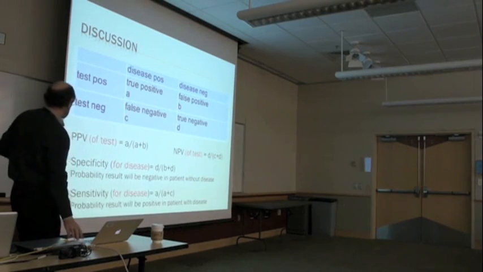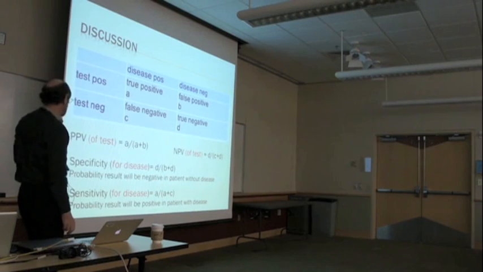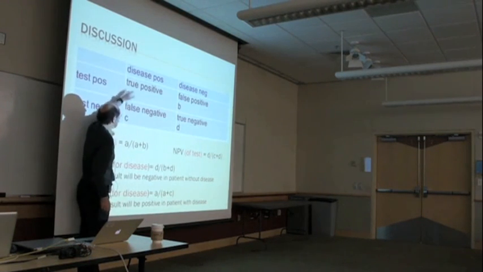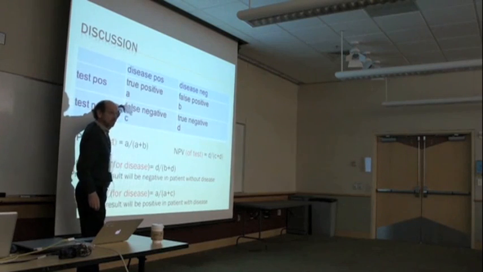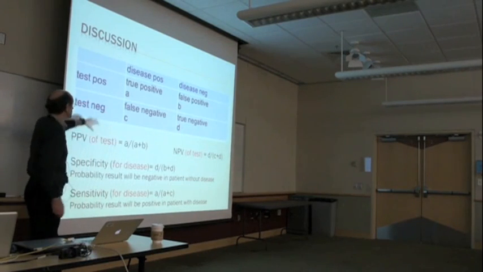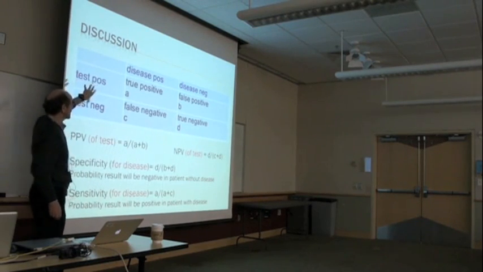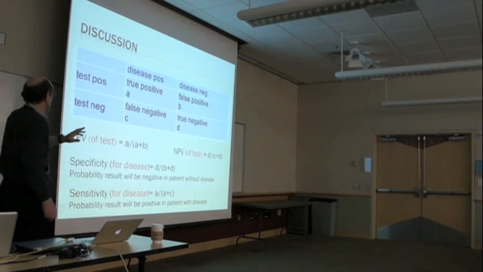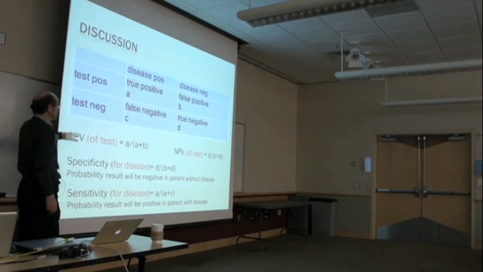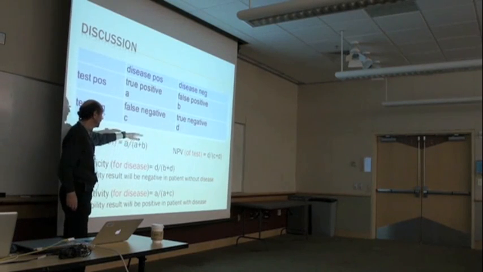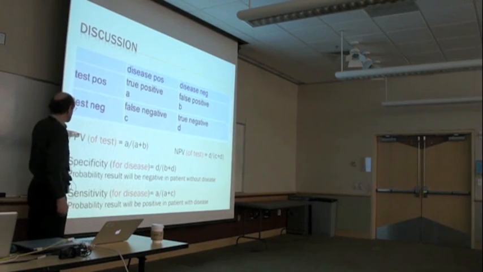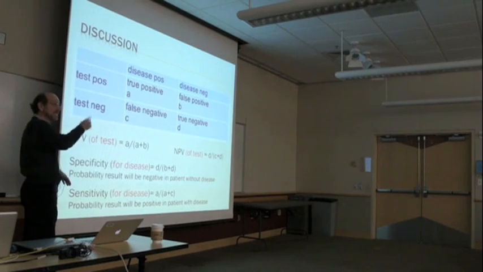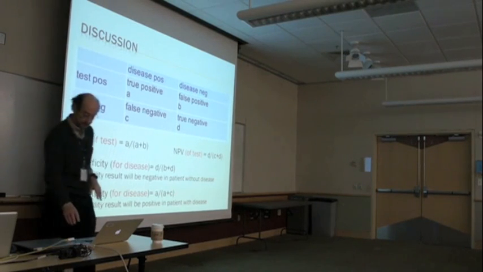And similarly, sensitivity is going to be the true positives over all of the disease positives. All right? So I think if you just capture that table, which is easy to write out from scratch, and think about positive predictive value and negative predictive value being about the test, and specificity and sensitivity being about the disease, then you've got it.